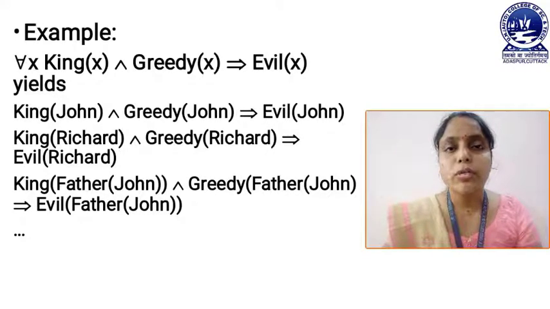In this way we can use any ground term in place of the variable x and derive a new sentence. In universal instantiation the important thing is that we always use a ground term for substituting the variable. After substituting the variable by the ground term, we infer a new sentence. That is the main aim of universal instantiation.